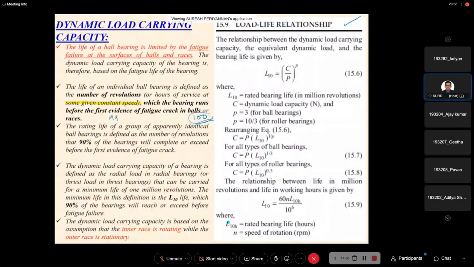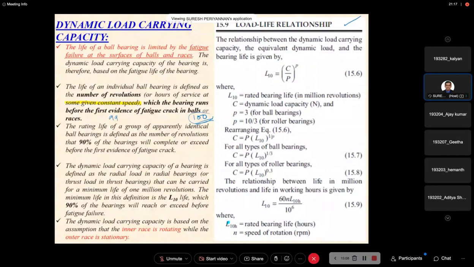When the first crack initiation happens, then we consider that the bearing life. Then 99 million revolutions is the bearing life.